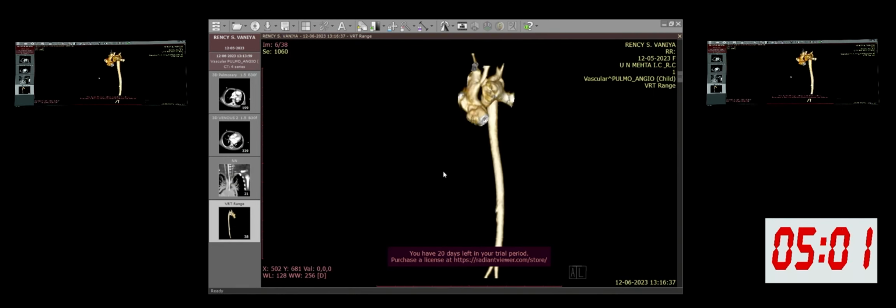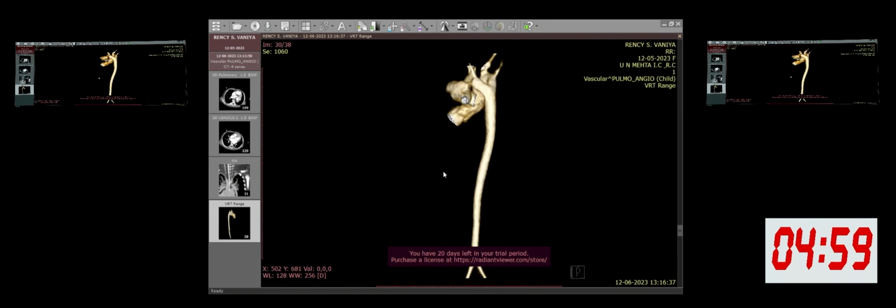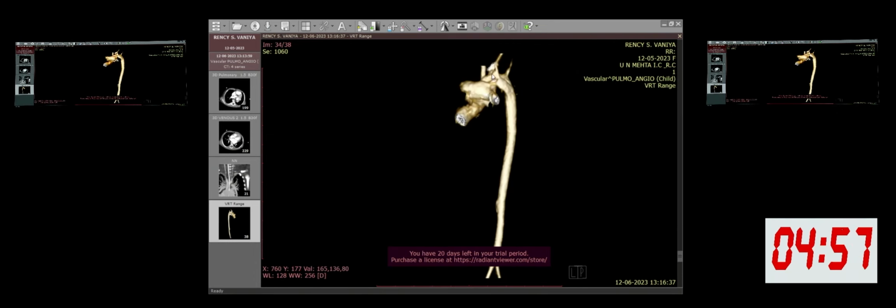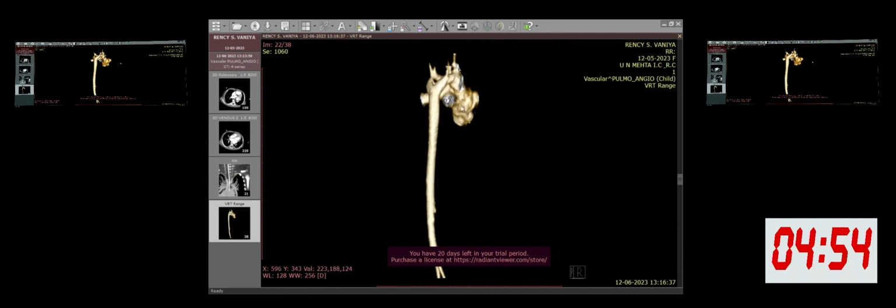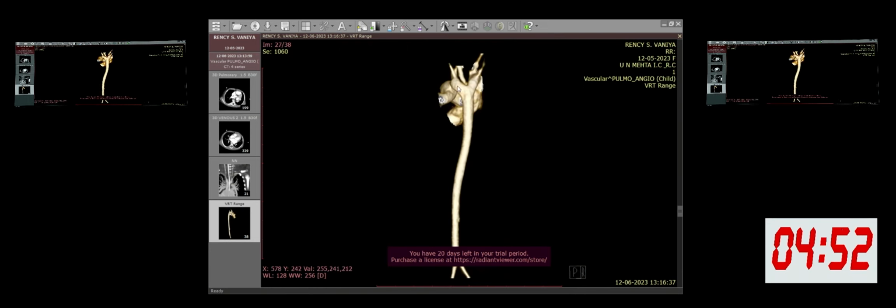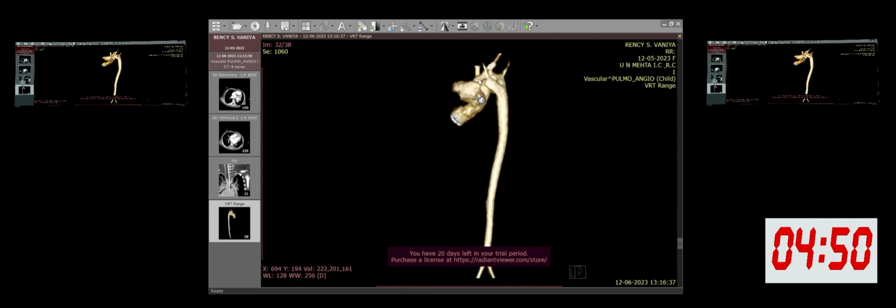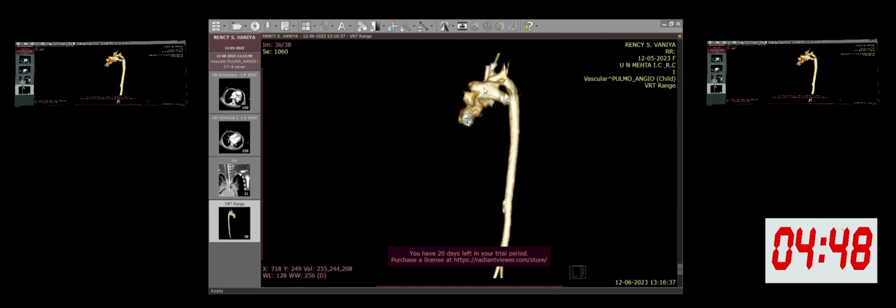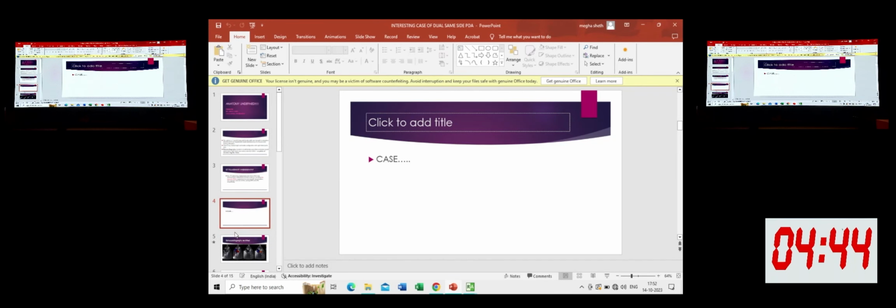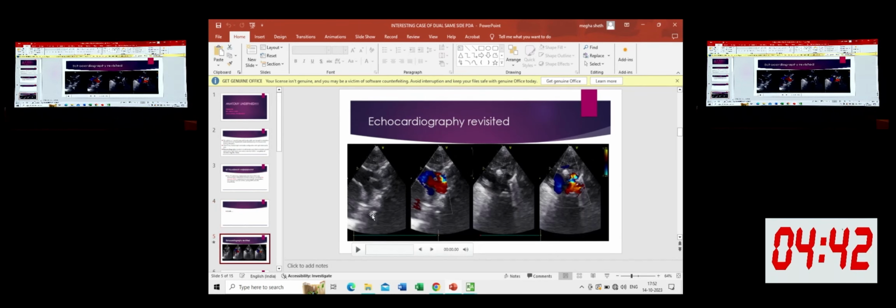These are the VRT images that beautifully show both the PDAs, the superior one, the inferior one. This is the aortic arch, this is the Kommerell's diverticulum. These are both the PDAs that are connecting to the MPA. So then echocardiography was done again.